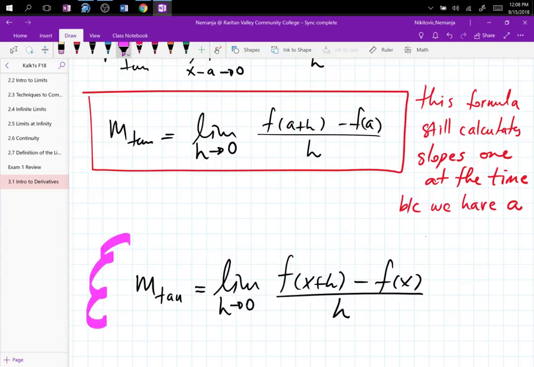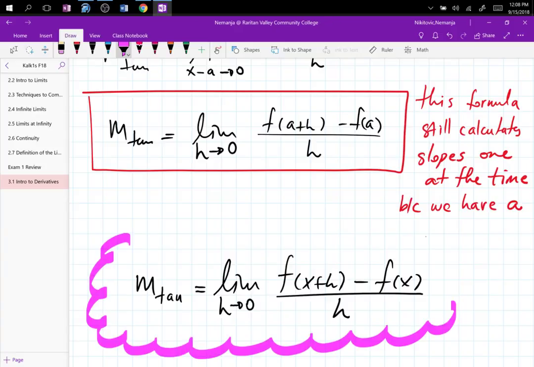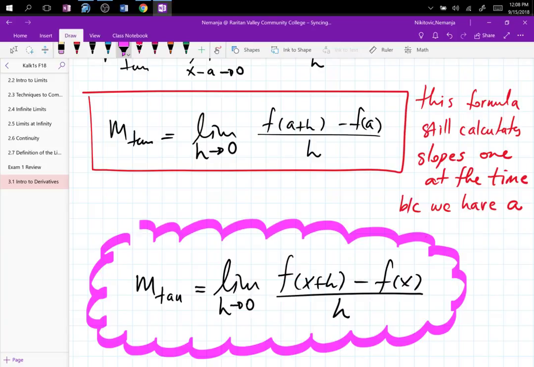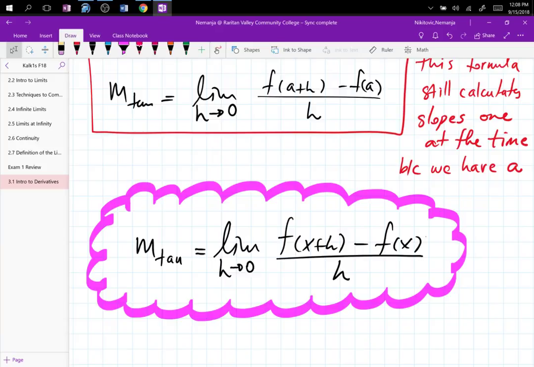This, put this on a cloud, this is the most important formula of 3.1 and the essence of the rest of the course.